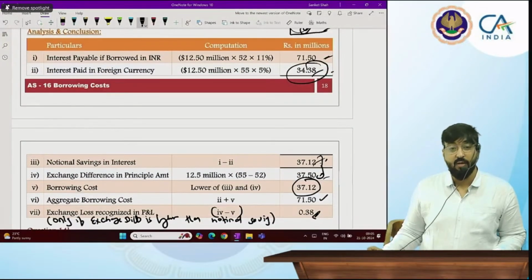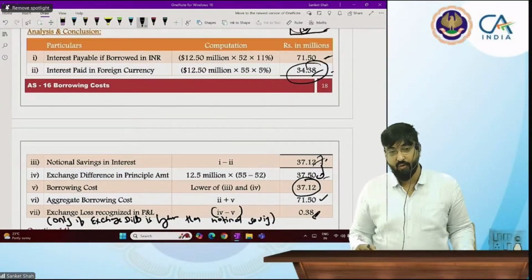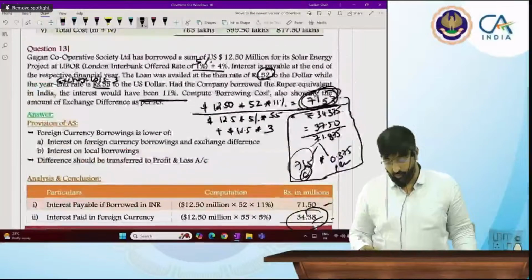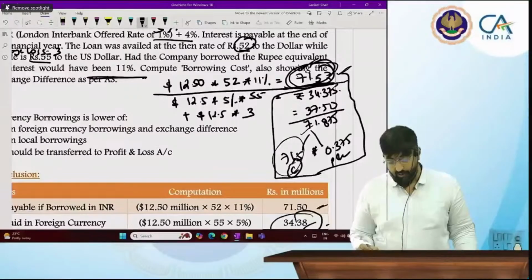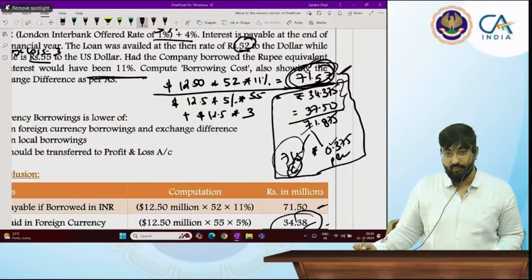Whichever is lower, you are going to consider that. So two amounts you will consider: 34.38 plus 37.12, 71.50 and 0.38 you will consider in the P&L. And if you go by my simple method, Indian currency this much, foreign currency this much, whichever is lower, 71.5, and the remaining amount goes to profit and loss account. Okay.